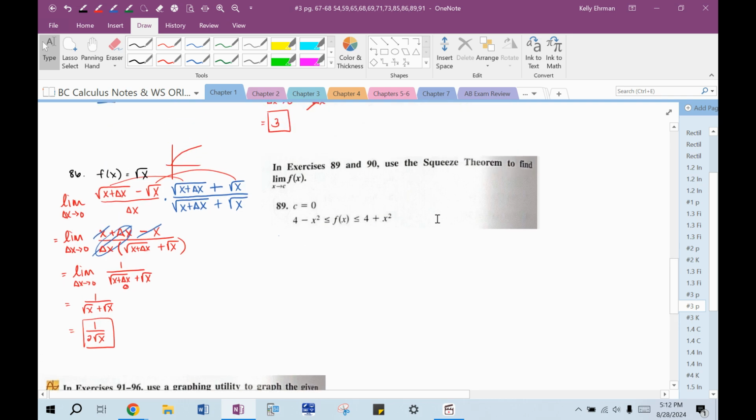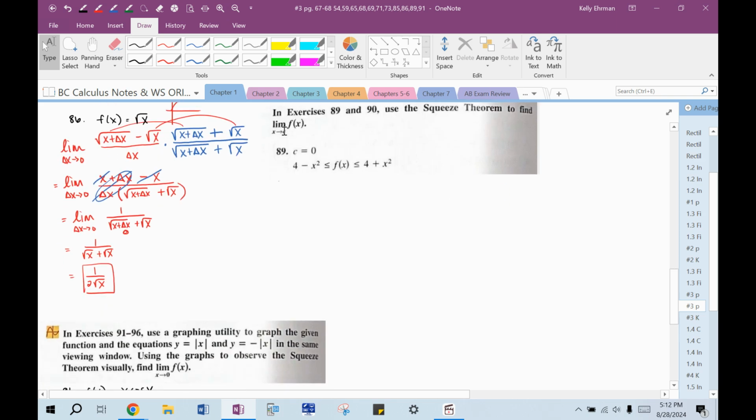All right, number 89 says use the squeeze theorem to find the limit as x approaches c of f of x. So in 89, c is 0. That's the value we're approaching. And f of x has been squeezed between two parabolas, 4 minus x squared and 4 plus x squared. So if I want to use the squeeze theorem, all I have to do is take the limit as x approaches 0 instead of c of each piece of this inequality.